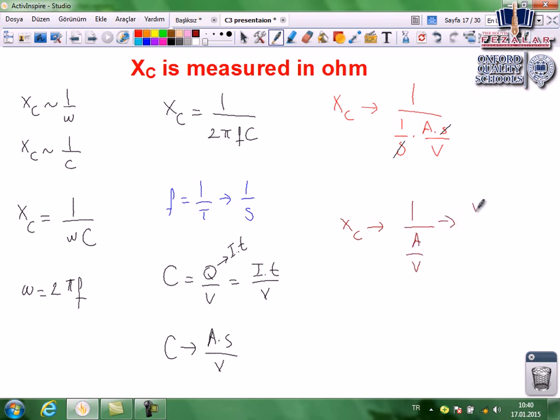So it is voltage over ampere. Let's remember again. Voltage equals I times R, means R equals voltage over I, means volt over ampere. The unit of resistance is volt over ampere, means ohm is volt over ampere, so Xc is measured in ohm again.